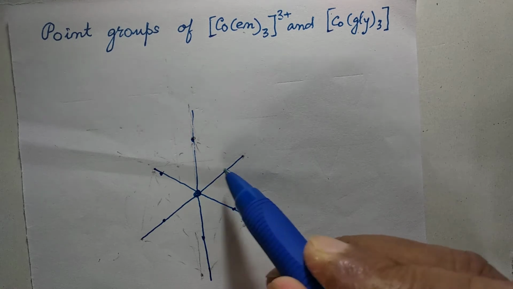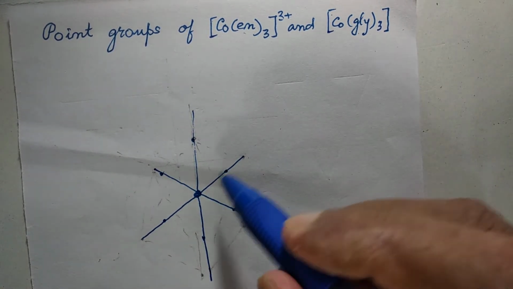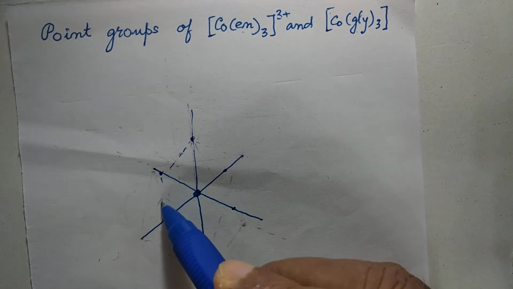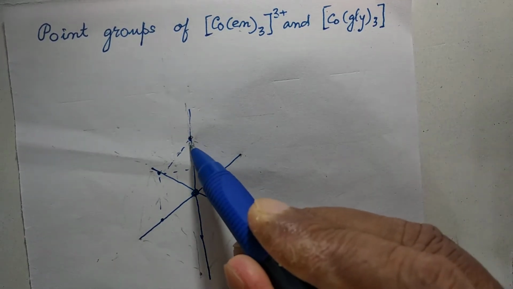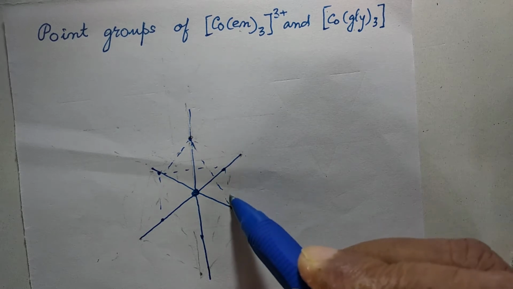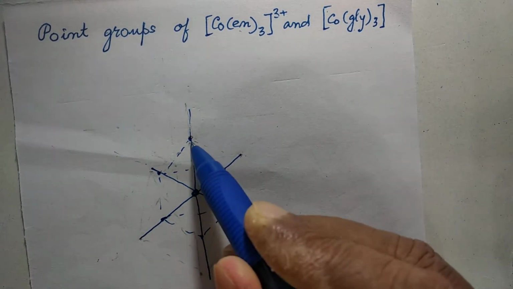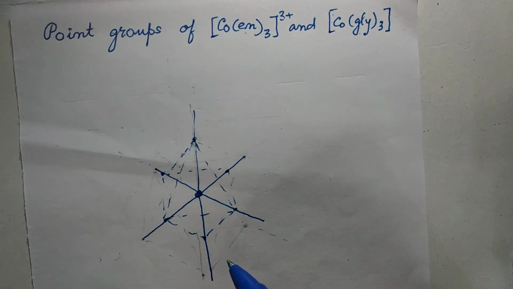These are the sides of the donor atoms. If we join these donor atoms by imaginary lines, we will get the structure of an octahedron. It looks like this.